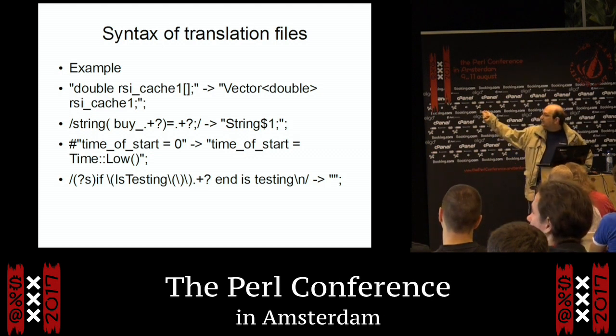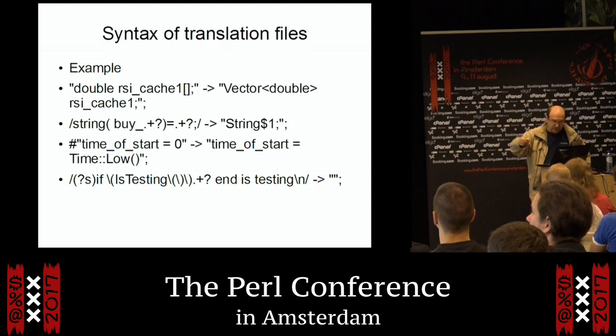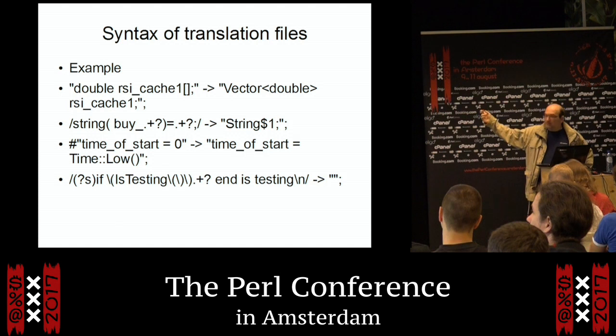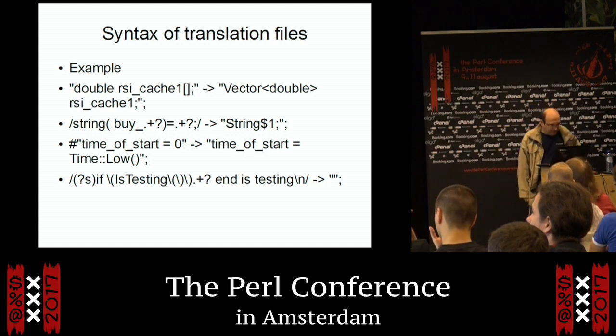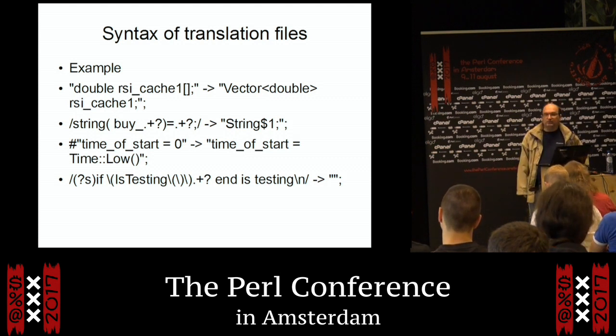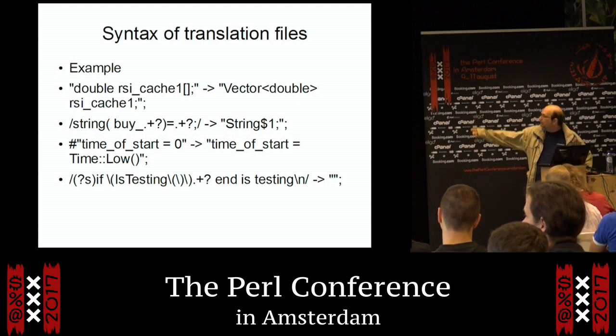In C++, string is written with a capital S. You can also see you can capture things and reuse them in the replacement. As you can see, there are comments with the hash, and this syntax also allows you to remove code just by using an empty string.